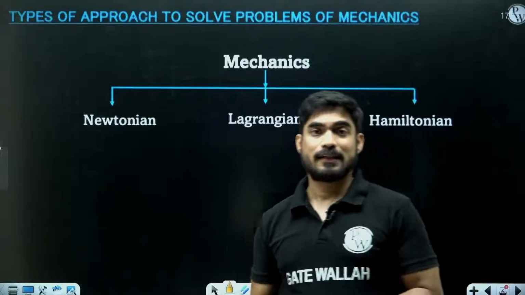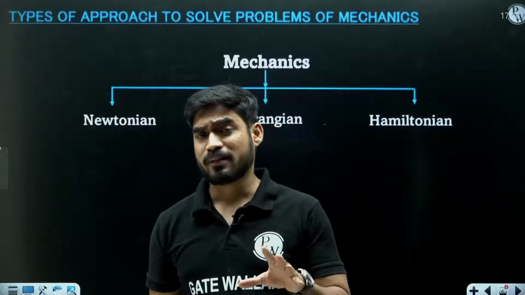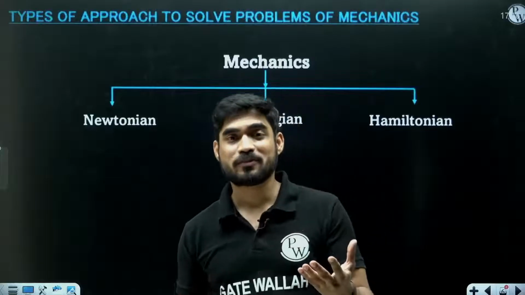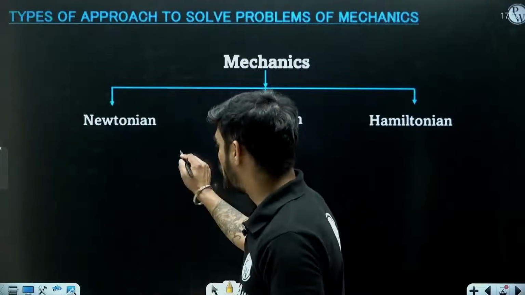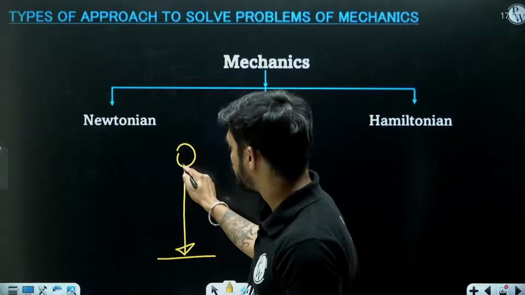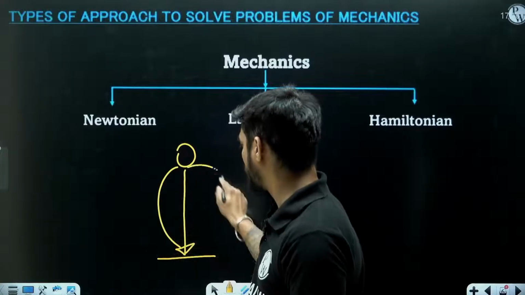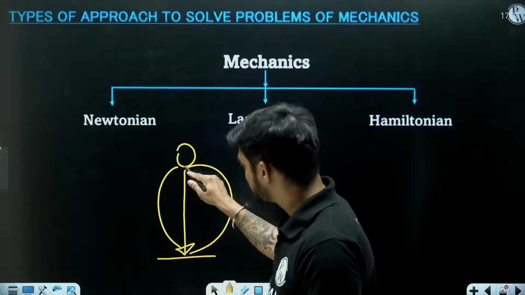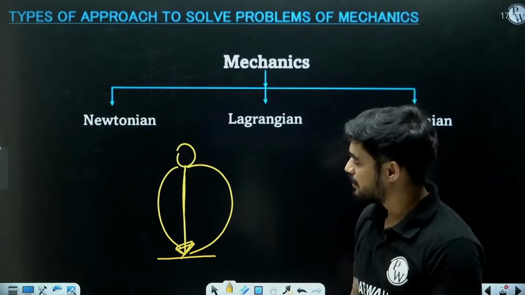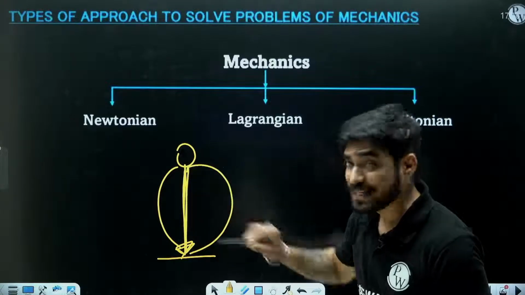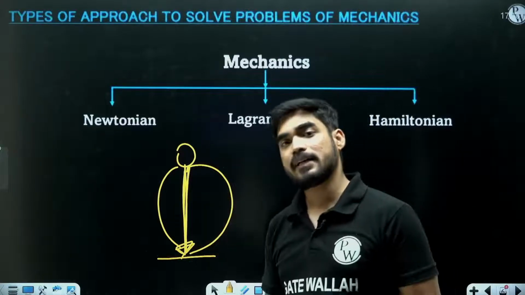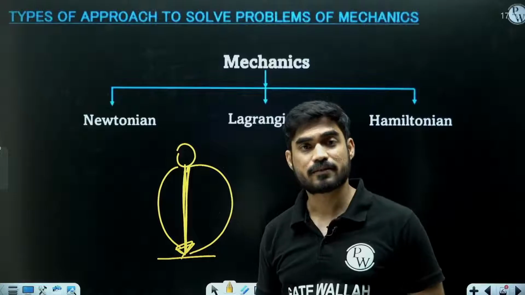But from the physics point of view, how do we know that it will move through this path? It would have moved like this, it would have moved like this, but it always moves like this. Why? It is because this path is the path of least resistance. If the body moves through this path, it will have least resistance.